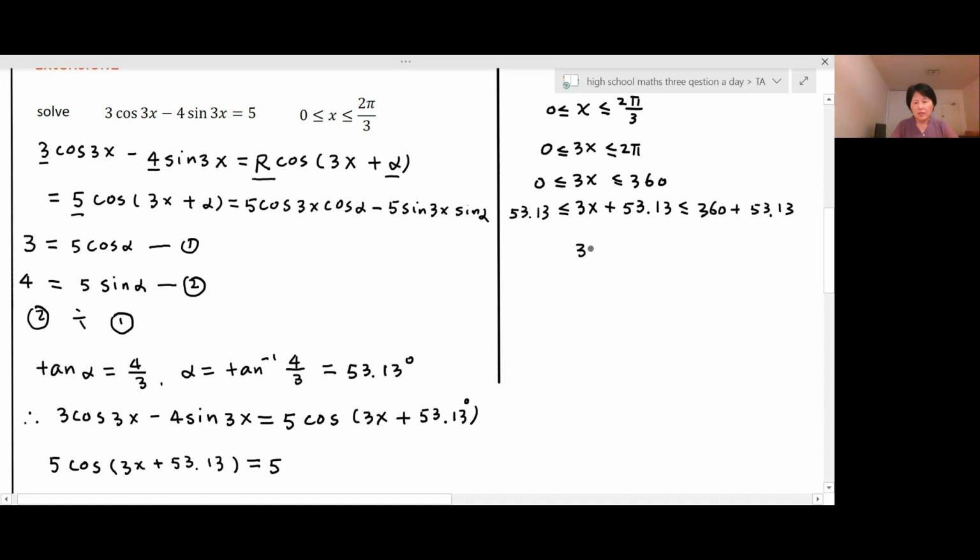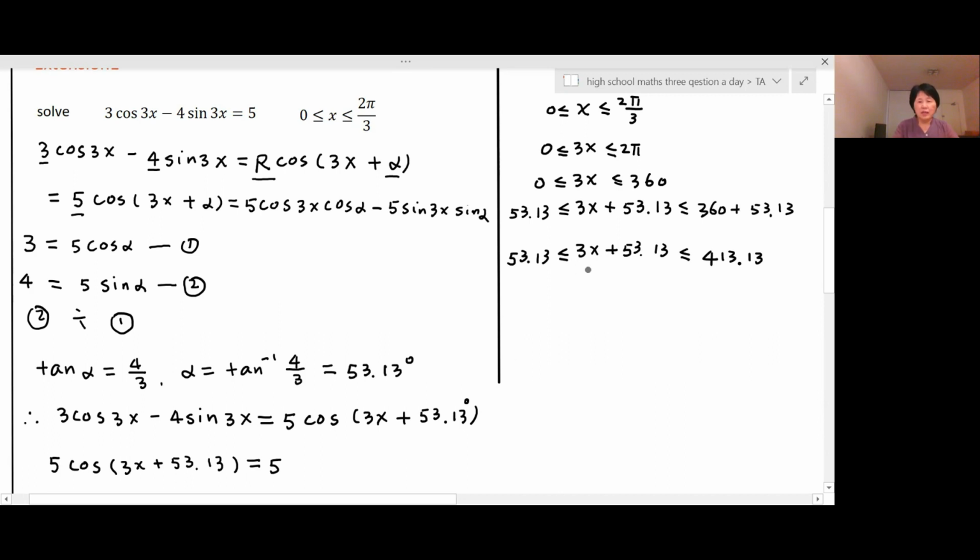So 3x plus 53.13 will be less than or equal to 360 plus 53.13. This will give me 413.13, which is 360 plus 53.13, and then greater than or equal to 53.13.